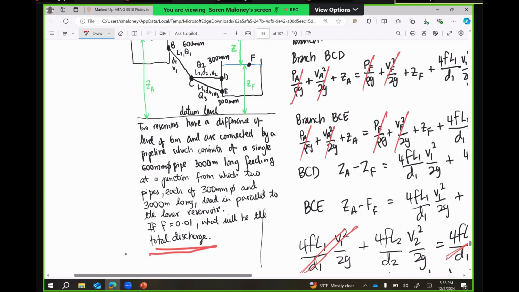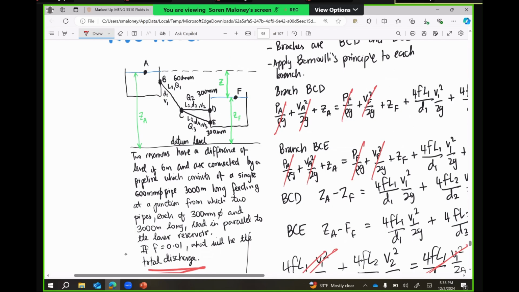That first pipeline goes from B to C. It's 600 millimeter diameter, 3,000 meters long, feeding at a junction. The junction is at C.